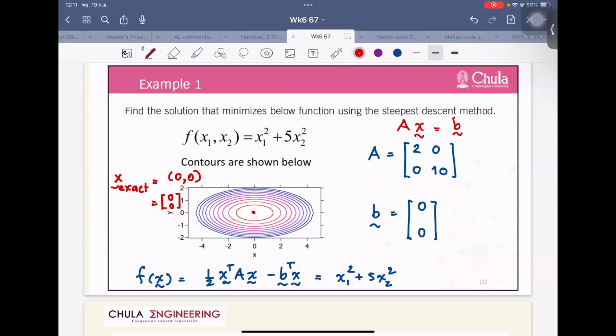Just for your reference, the true solution is actually at the origin.